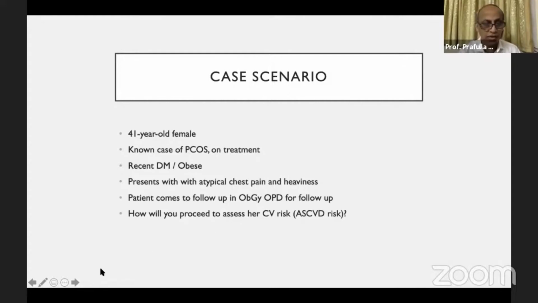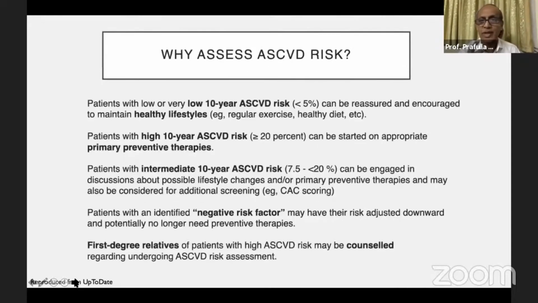So before we do that, why do we have to assess this risk? Primarily, to be able to be preventive about her. If she is at the low end of the spectrum in terms of her 10-year ASCVD risk, say less than 5%, then you will prescribe her mere healthy lifestyles. At the other end of the spectrum, if she's very high risk, has more than or equal to 20% risk of getting a cardiovascular event.